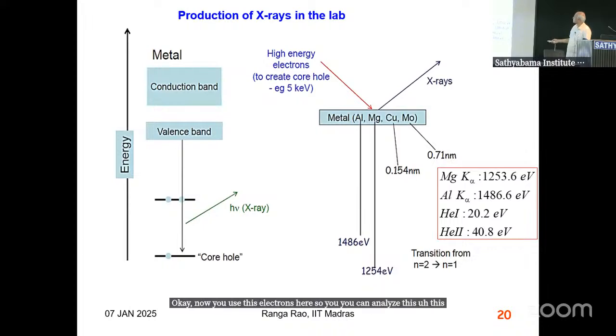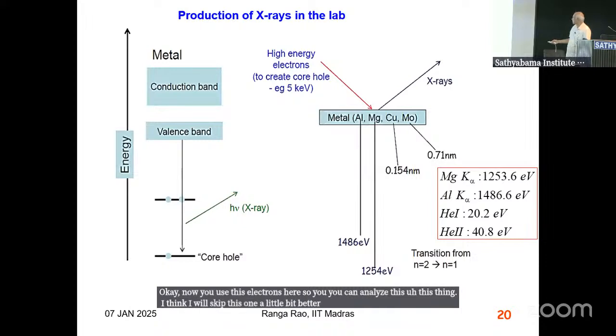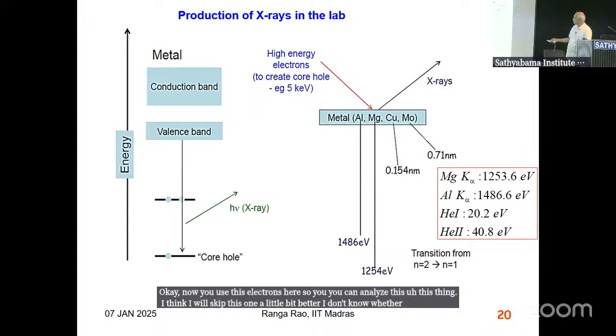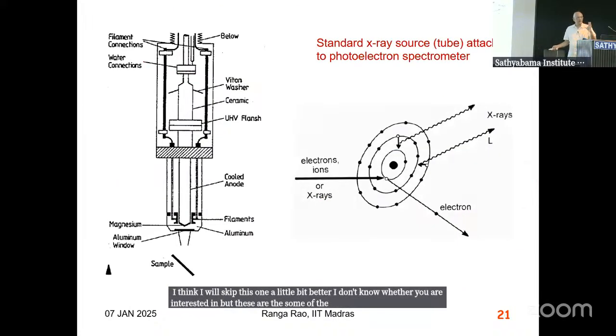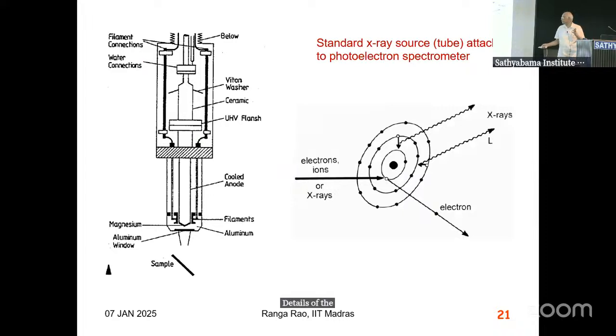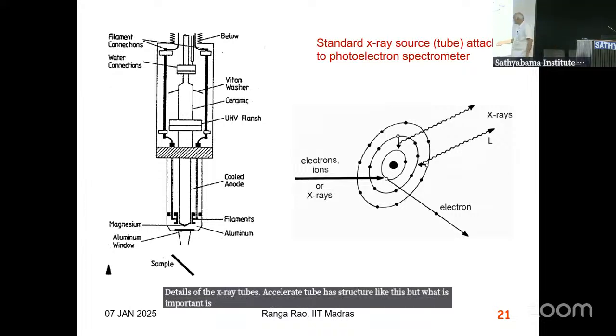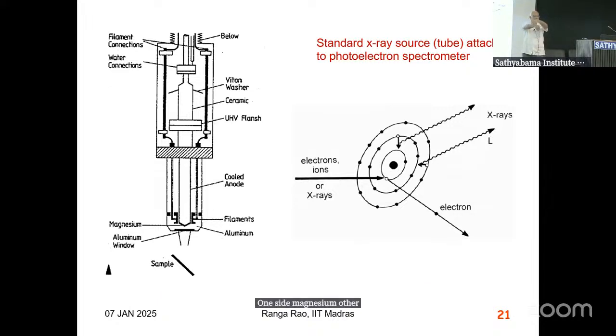I think I will skip this one a little bit. I don't know whether you are interested, but these are some details of the X-ray tubes. The X-ray tube has a structure like this, but what is important is the tip here. One side is coated with magnesium, the other side with aluminum.